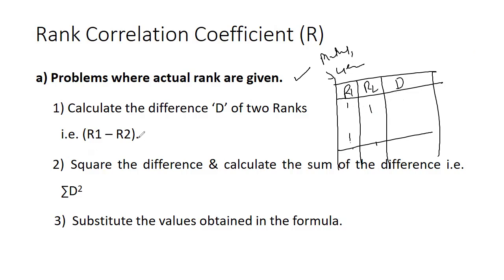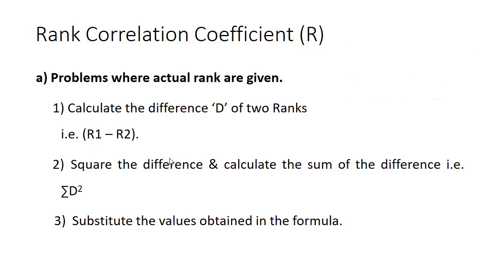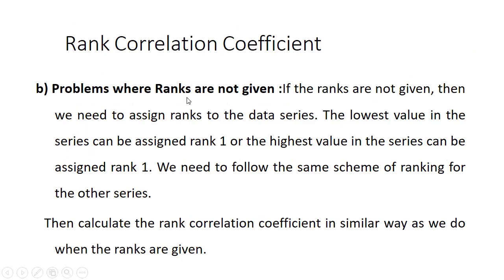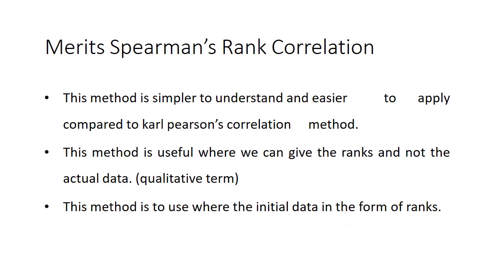Then you take the difference in the third column, R1 minus R2, and then square it, put the value in the formula, and then you will get the value of R. The second case may be problems where the ranks are not given. If ranks are not given, then we need to assign ranks to the data series. The lowest value in the series can be assigned rank 1, or the highest value can be assigned rank 1. We need to follow the same scheme of ranking for the other series, then calculate the rank correlation coefficient in a similar way as when the ranks are given. And then we put all the values in the formula.